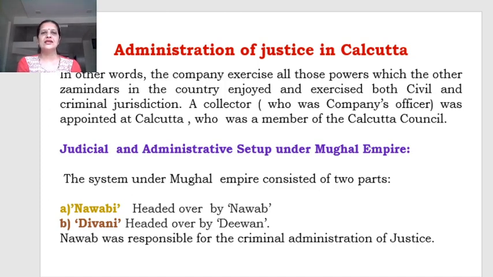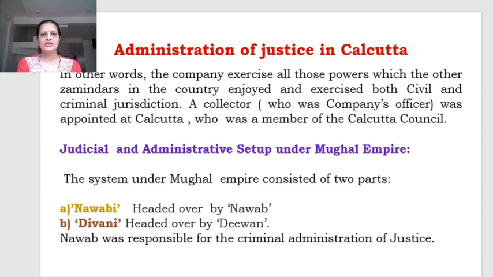So let's discuss the judicial and administrative setup under the Mughal emperor. The system under the Mughal Empire consisted of two parts, Nawabi and Diwani. Nawabi was headed by the Nawab, who was the principal in charge of Nawabi, whereas Diwani was headed by the Diwan, who was another principal in charge of Diwani.